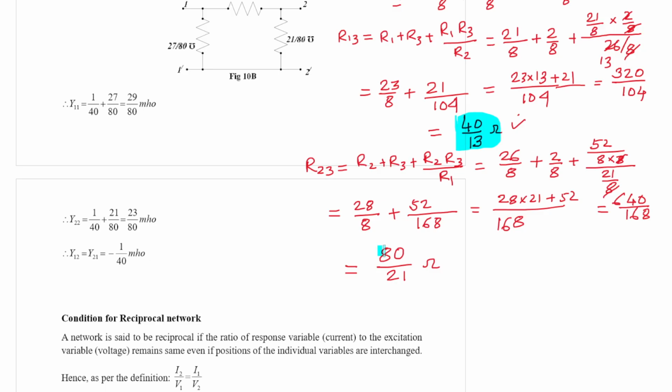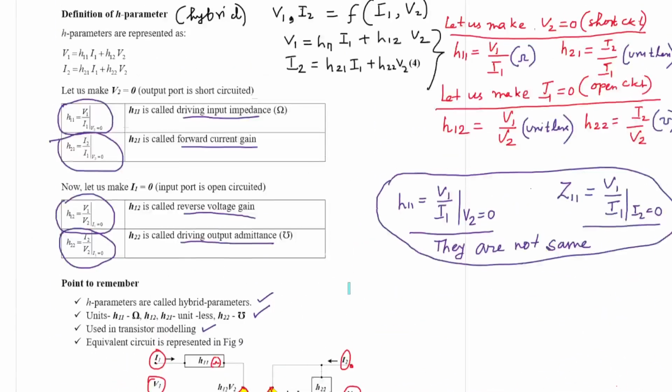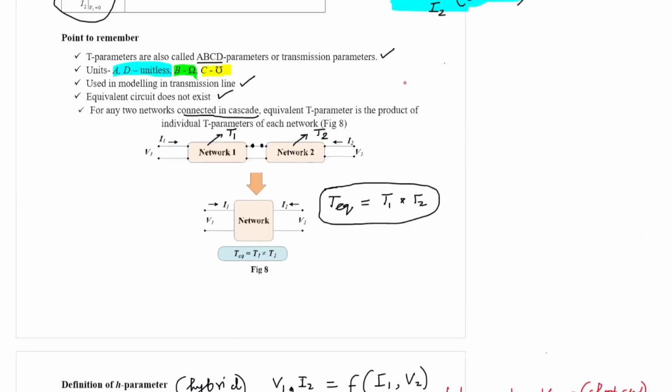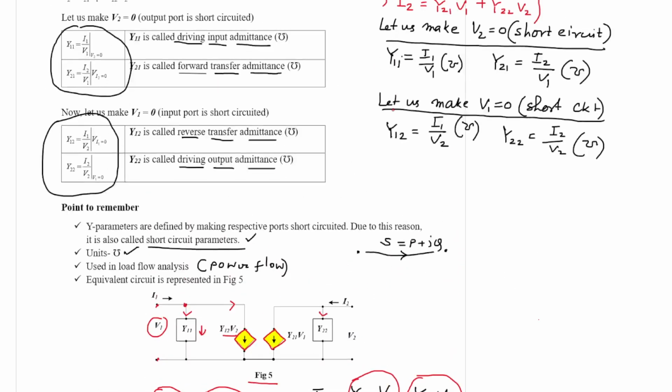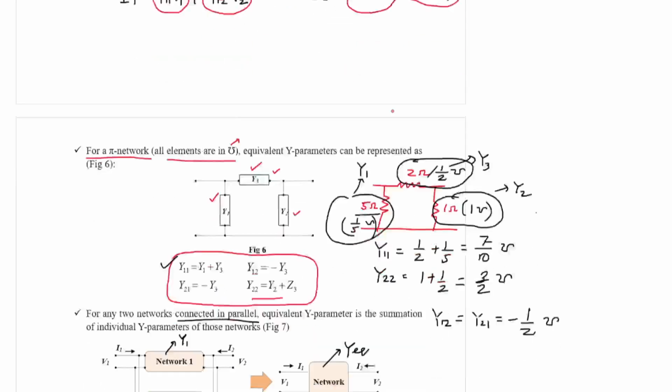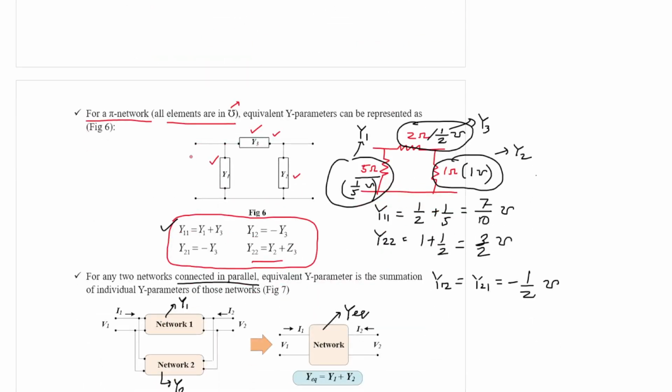These three values. Now we have got a delta network with these three values. Now let us go back and explore that rule. When you have the pi network ready for you, then you can directly write this formula, provided one condition: these are represented in admittance form.